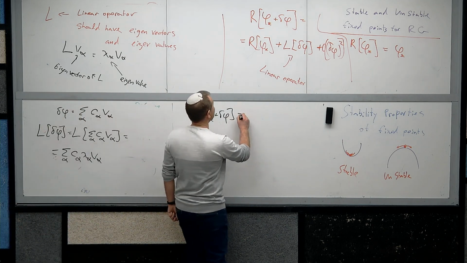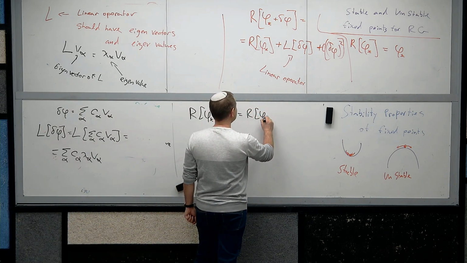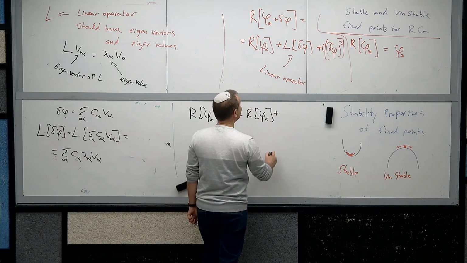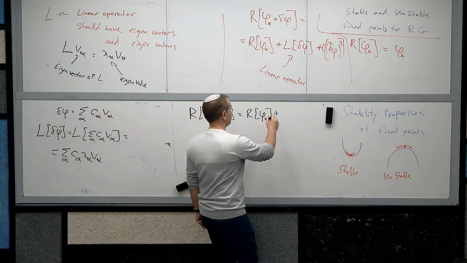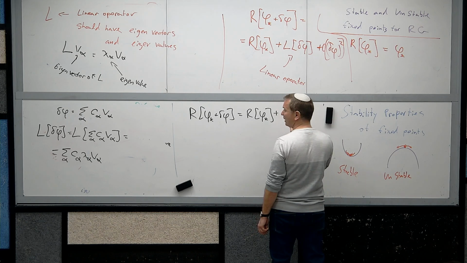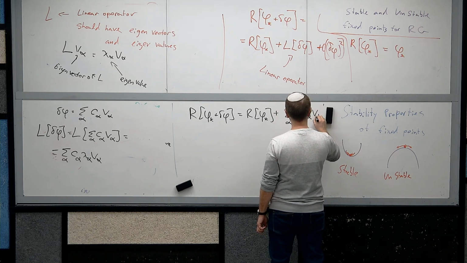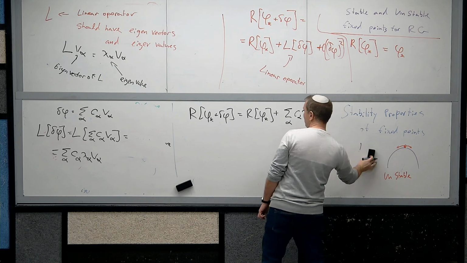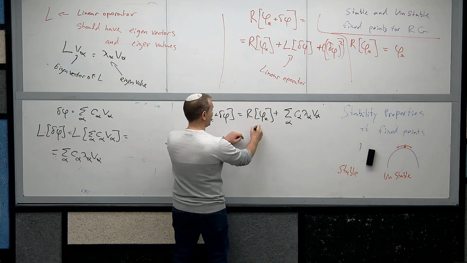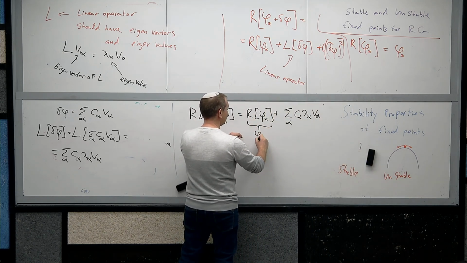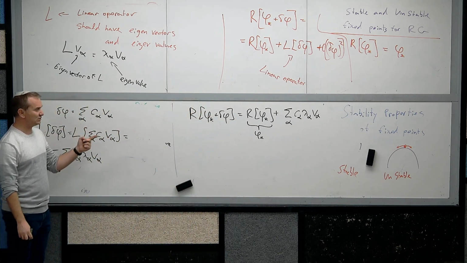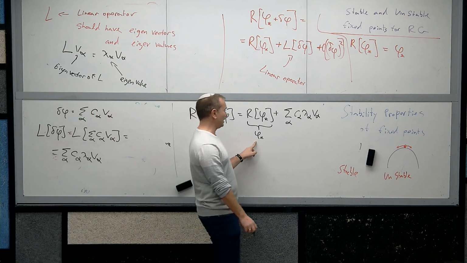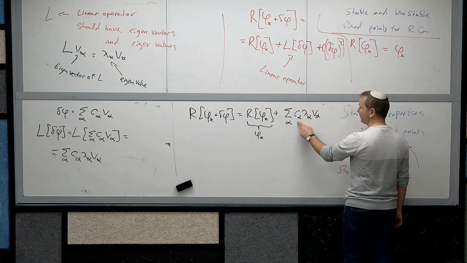I know that it is R over phi star plus the summation over alpha of C alpha lambda alpha V alpha. Now, this is just phi star. So one application on phi star plus delta phi gives me phi star plus the summation over alpha of C alpha lambda alpha V alpha.